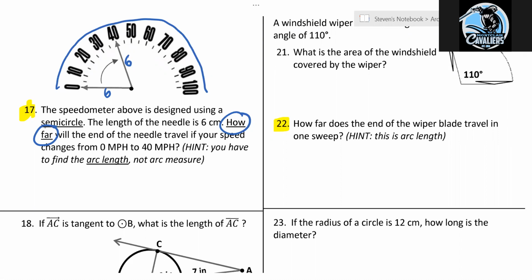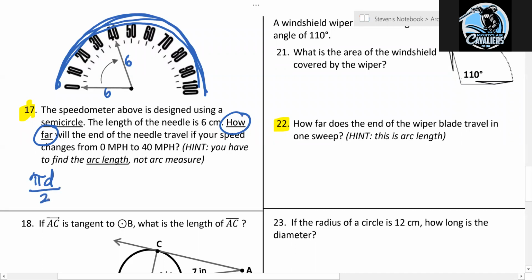So what I'm going to do is figure out the circumference of half of the circle. I want to know what we're dealing with, right? The circumference of a full circle is pi times diameter. If I only want half of the circle's circumference, I'm just going to divide this by 2, and that tells us the length of just half of that circle.